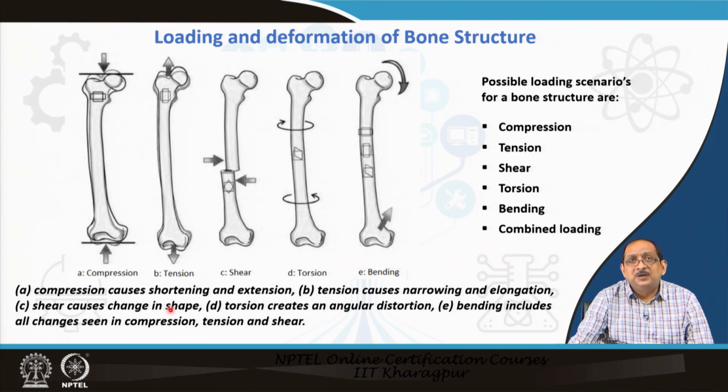So, compression can cause shortening and extension, tension can cause narrowing and elongation, shear can cause a change in shape, torsion can lead to angular distortion, and a bending mode can include all changes seen in compression, tension, and shear.